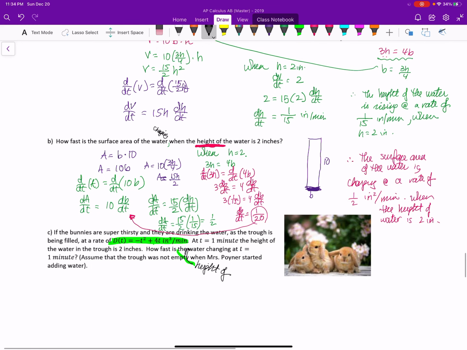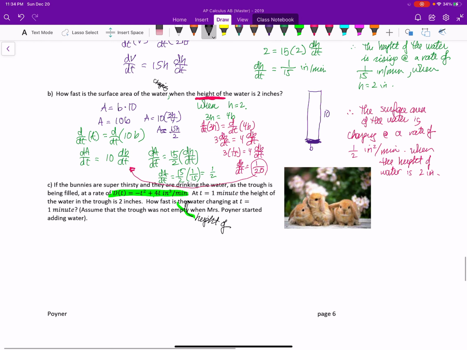So I need to figure out what the rate out is, essentially, when t is equal to 1. So I'm taking d of 1 is equal to negative 1 squared plus 4 times 1, which is positive 3.